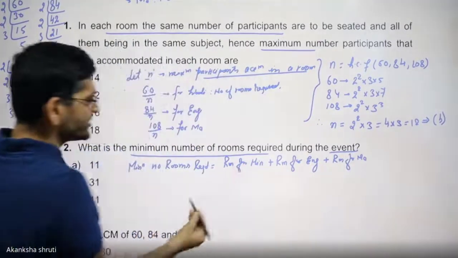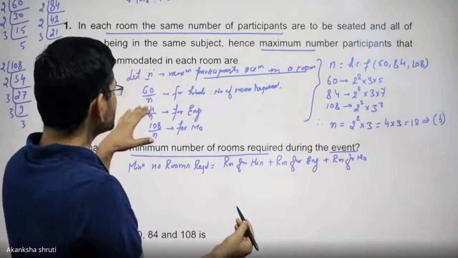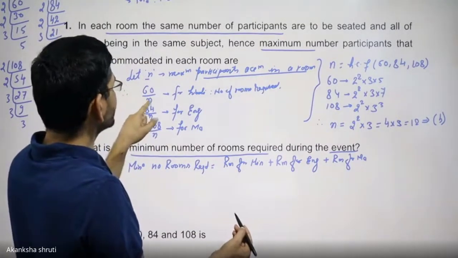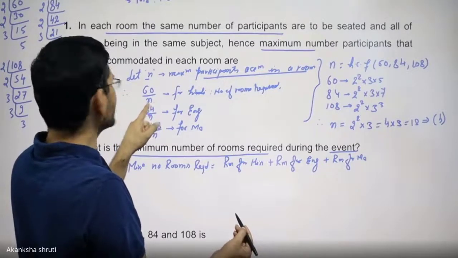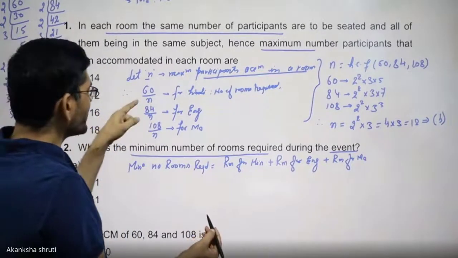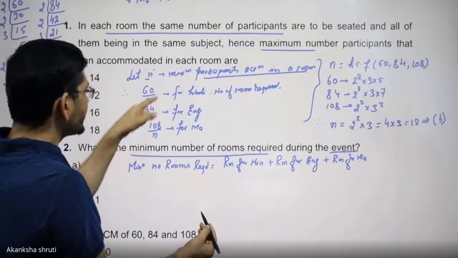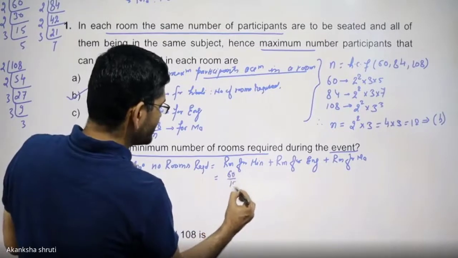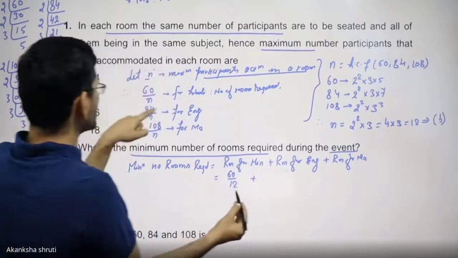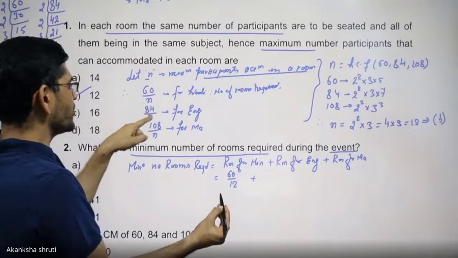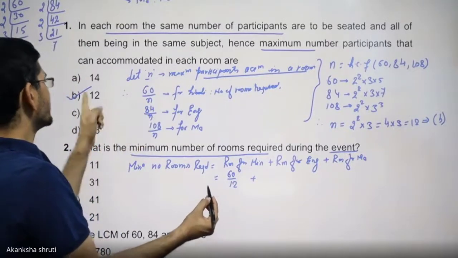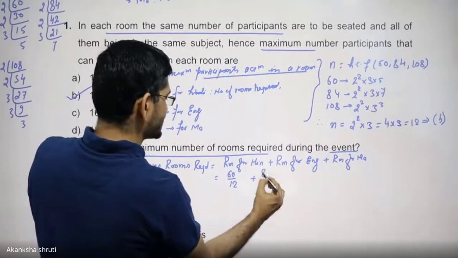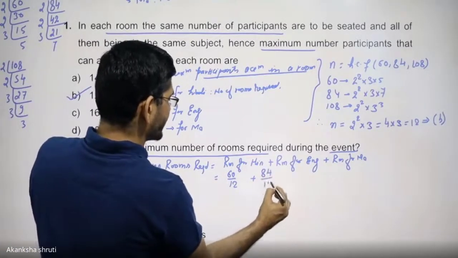Now, how many rooms are required? In the first part, we have calculated that the number of participants that can be accommodated in each room is 12. So the number of rooms required for Hindi will be 60 by 12. For English, the total participants is 84, and in each room only 12 participants can be accommodated. So the number of rooms required for English is obtained by 84 divided by 12.